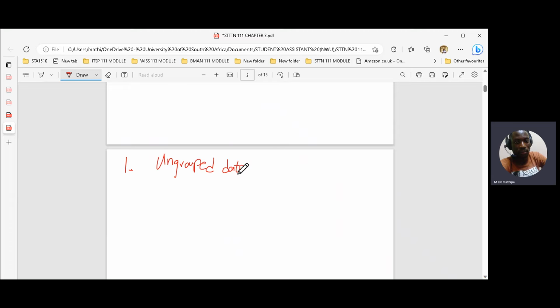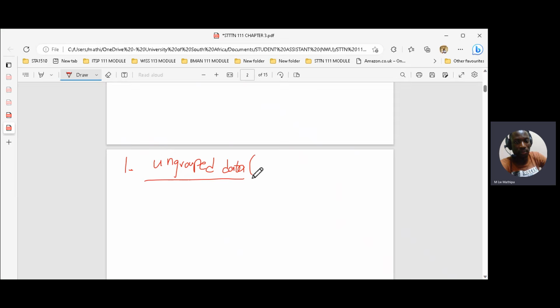Now I want us to calculate the arithmetic mean for ungrouped data.